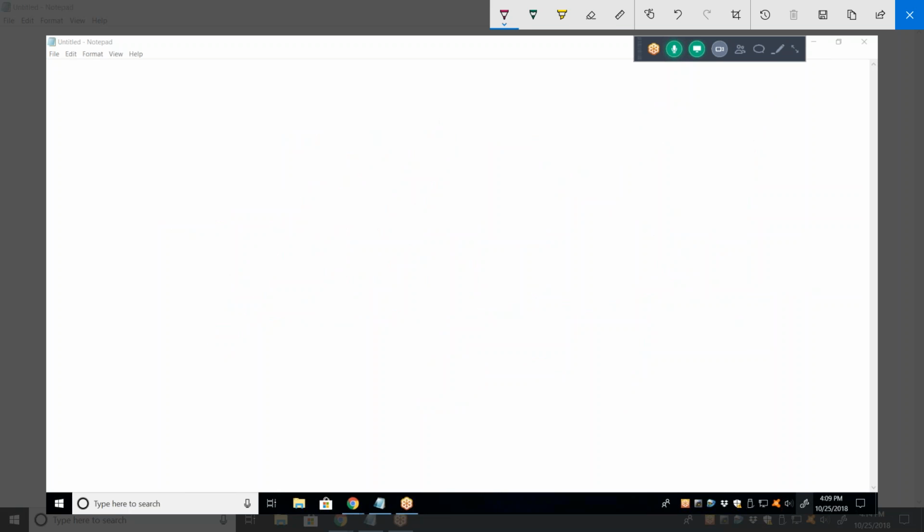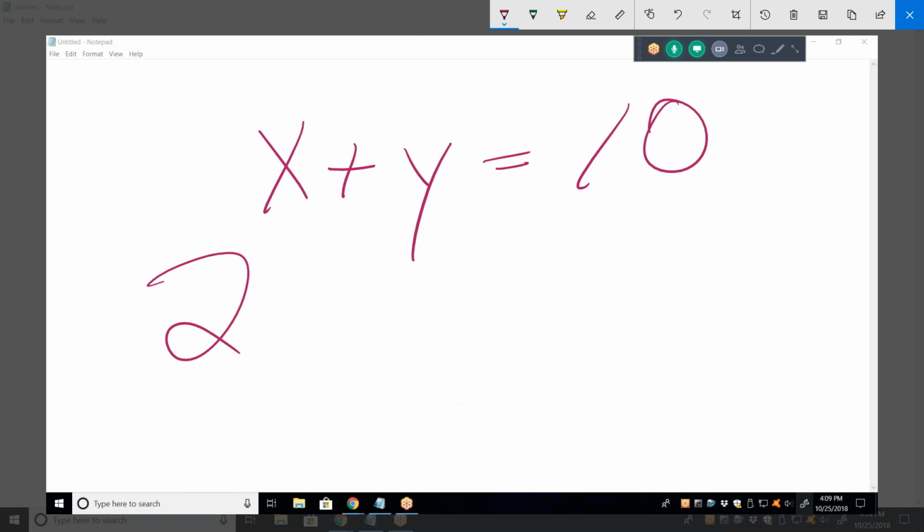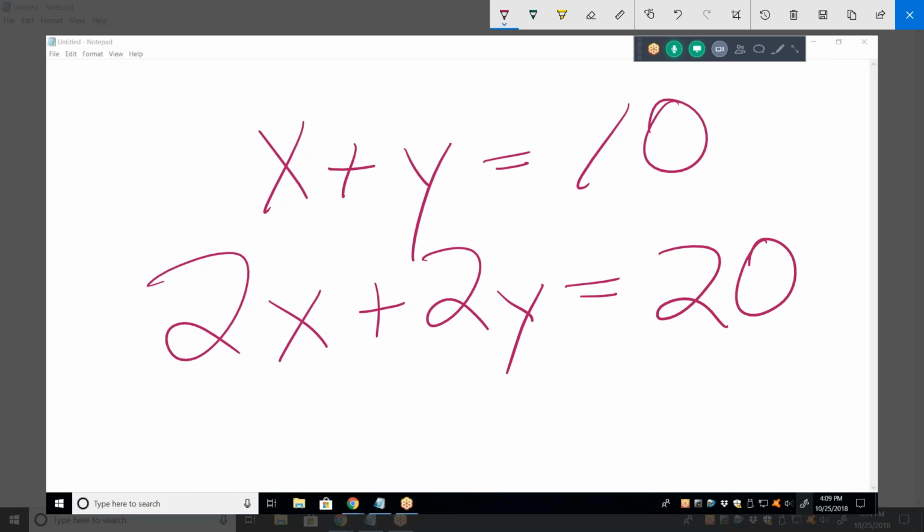Now, there's another funky situation where one equation is strictly a multiple of the other equation. That looks like it gives you two equations and two unknowns, but it really doesn't. You're really looking at one equation and two unknowns.